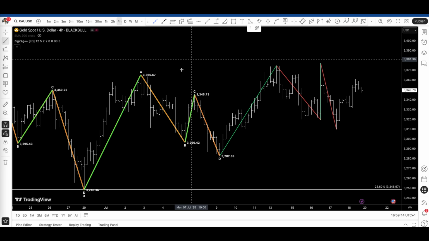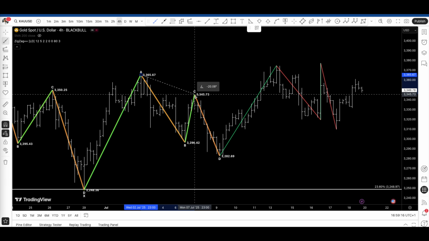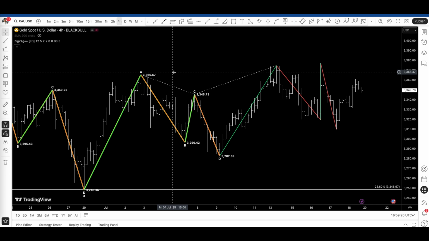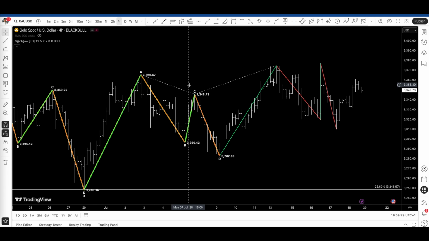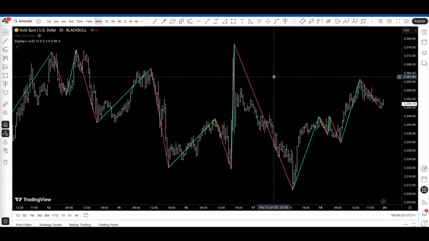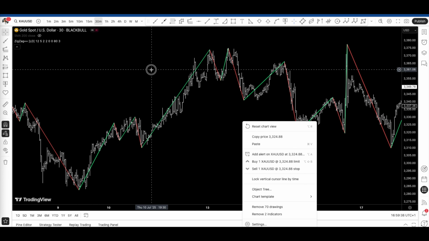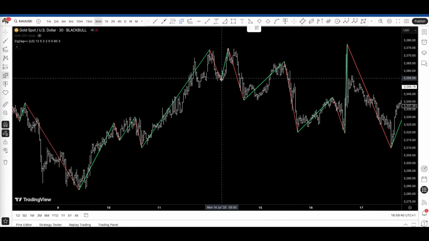If I just draw, we can see a cipher pattern here. Now I didn't take the cipher pattern, because of the amount of volume here, but what I did take was on a 30 time frame, and you will see how all the patterns are just exactly the same.